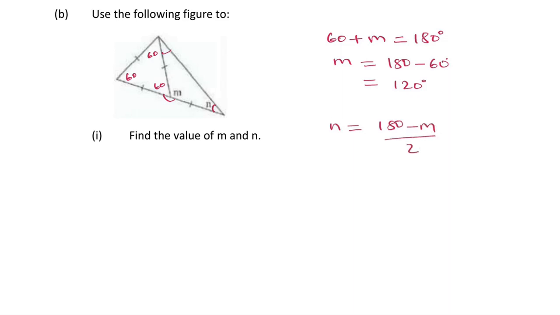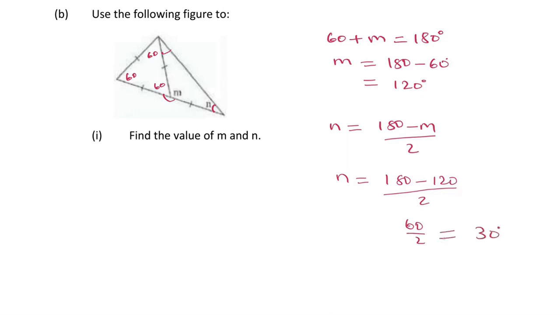Let us now substitute the value of m with 120 degrees. Then our equation is going to be n equals to 180 minus 120 over 2. This becomes 60 over 2, of which after solving the values, we are having 30 degrees.